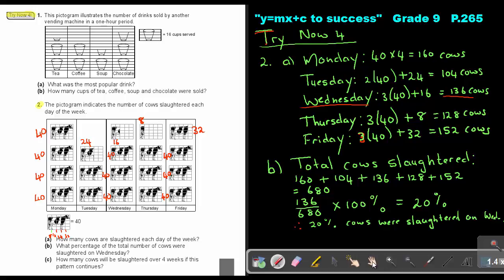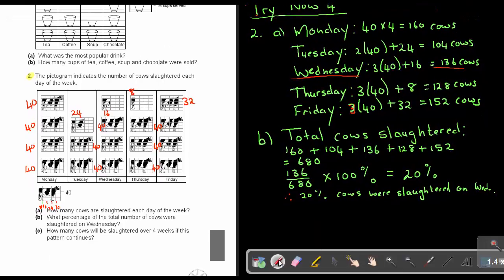And then the last one is number C. How many cows were slaughtered over 4 weeks if this pattern continues? It's basically just 680. It's 4 weeks, so times 4, that will give me 2720.